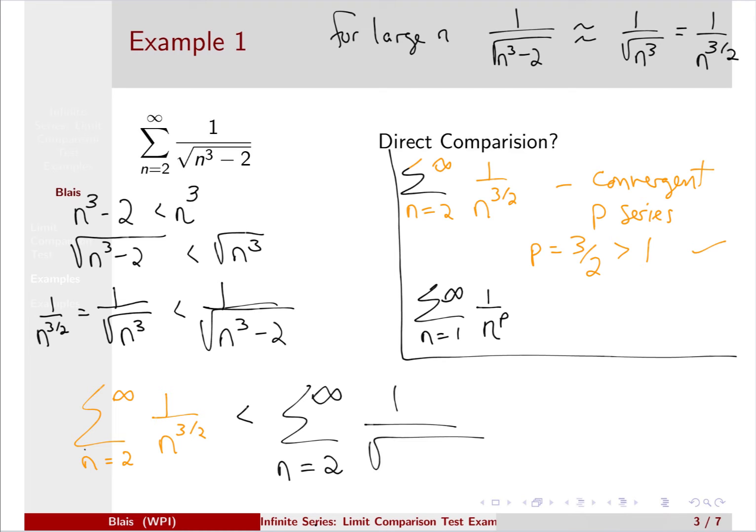And that means the direct comparison test does not help us, because this smaller sum is convergent.